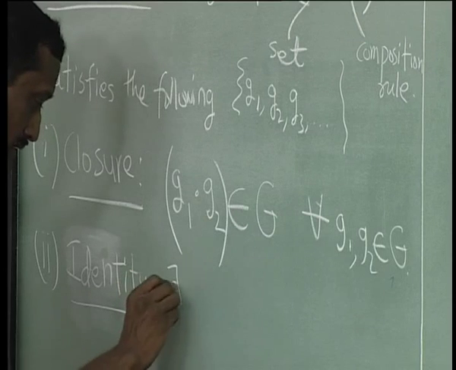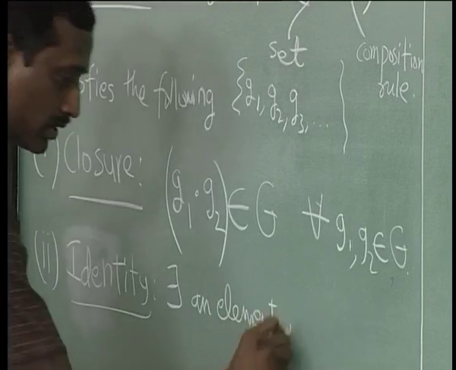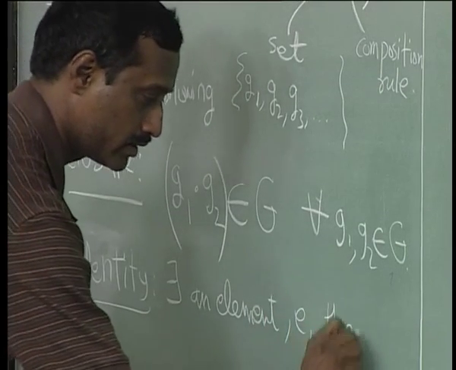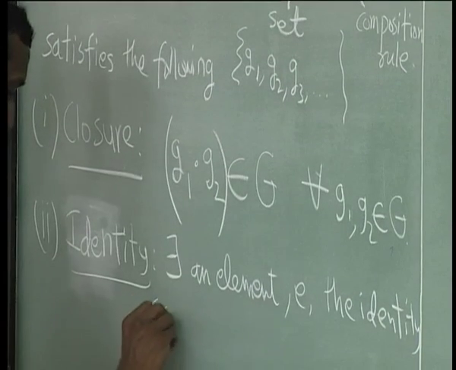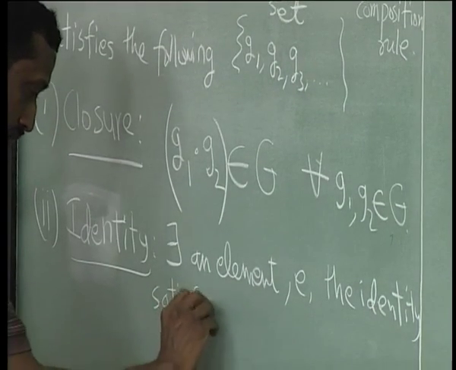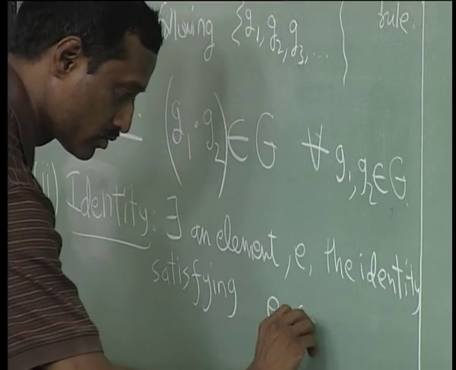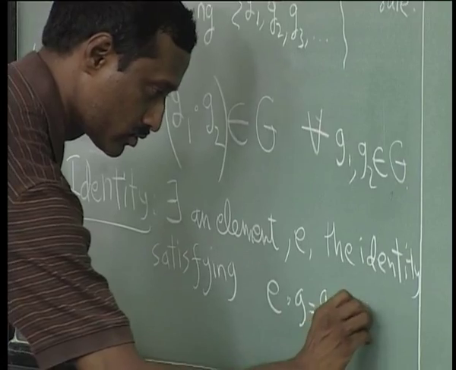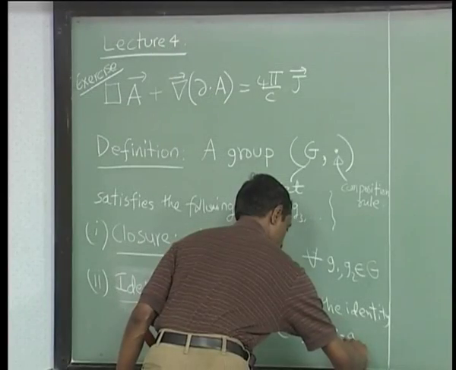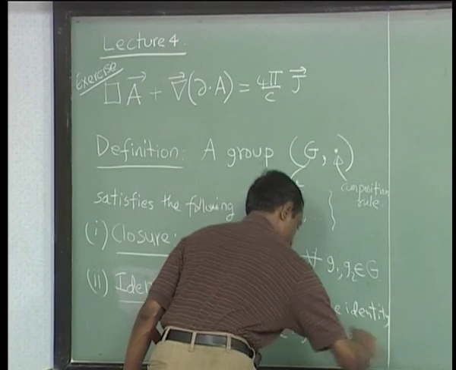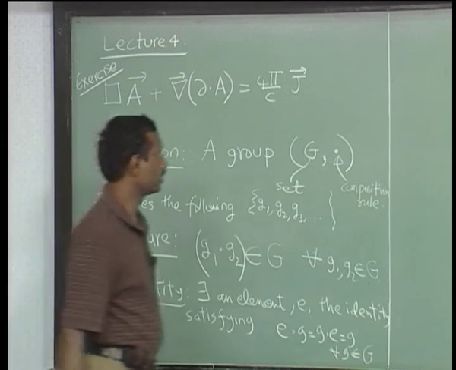So, there exists an element, let us call it E, the identity, satisfying the identity property for all G, for any G. Okay.